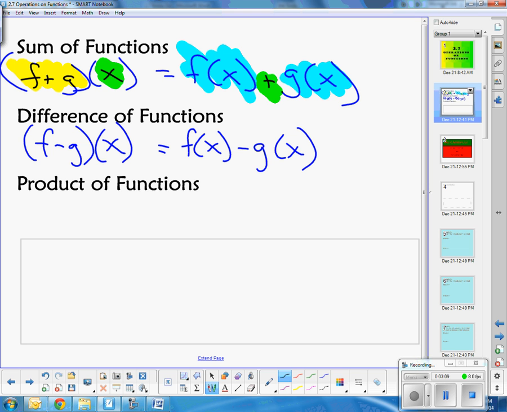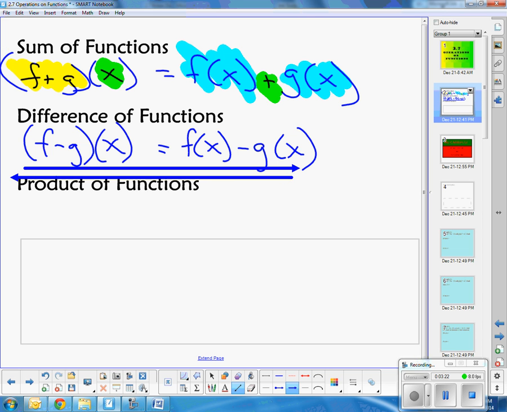Just as one quick point of emphasis, we can work with these rules from left to right, but also from right to left. That equal sign between the functions allows us to work in either direction.